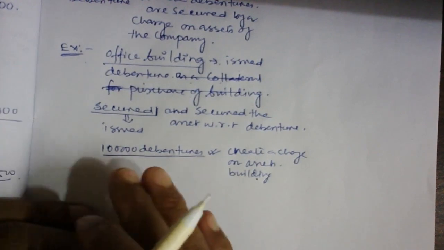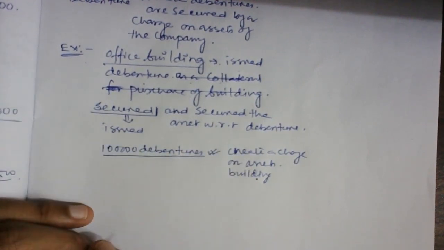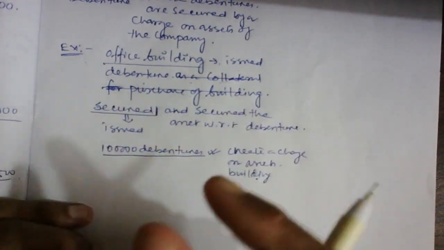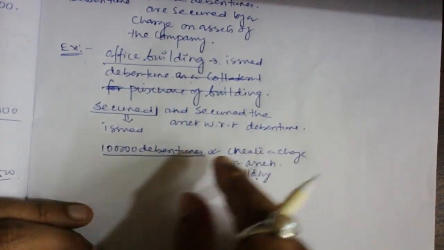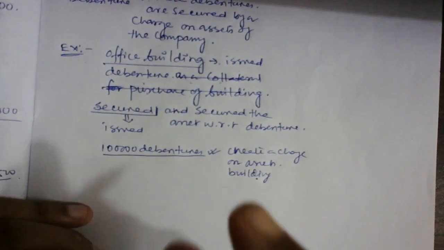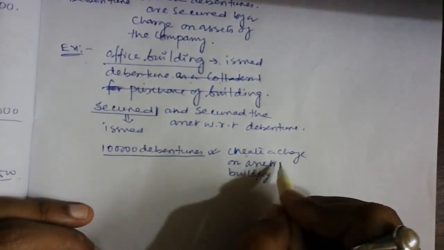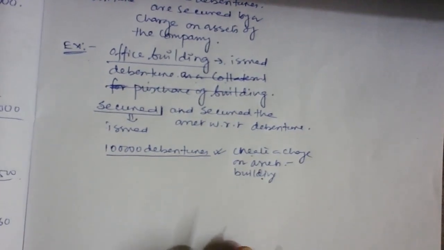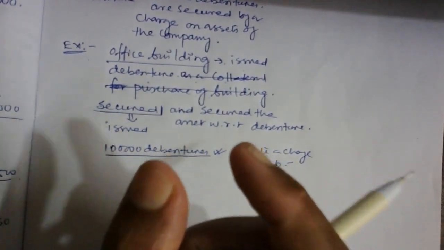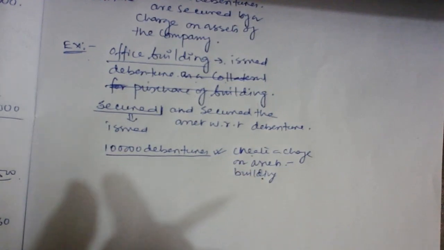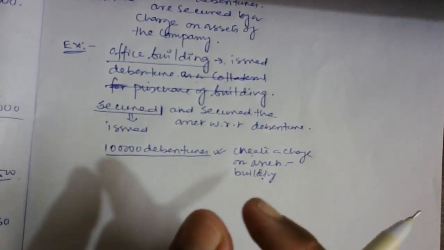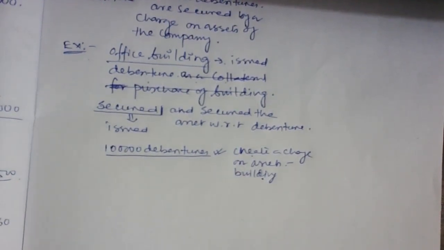So the company's debenture holders have become secure, sir. If the company is unable to repay them, then this asset will be utilized for repayment to the debenture holders. That's why it is clear cut that they are creating a charge on an asset, let's say the building. As the debenture is secured on the asset, it's called secured debenture.